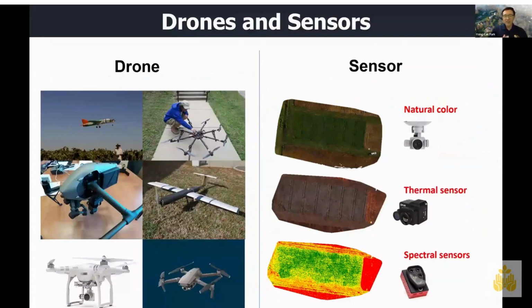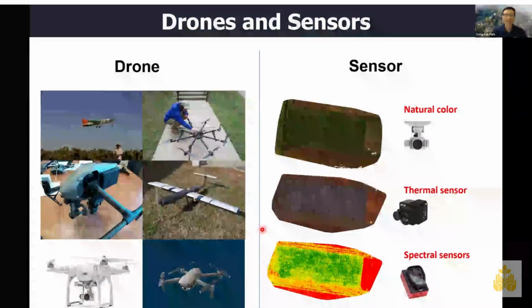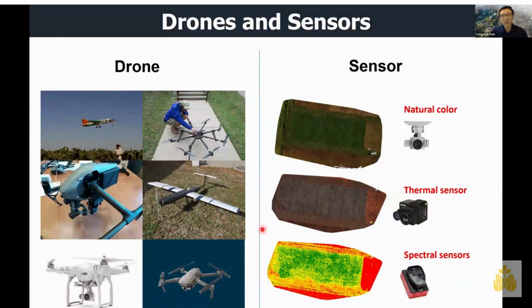A drone is just an airplane, so depending on what sensor you put in, it determines the functionality. For example, if you put in thermal sensors, you are observing the heat signature of an object on the ground or in a tree. You can also put in pesticide, in which case the drone can be a pesticide applicator, or you can put in natural enemies, in which case it can be used for biological control.